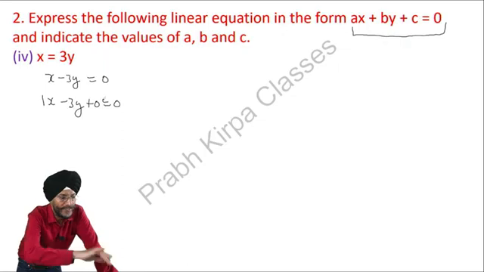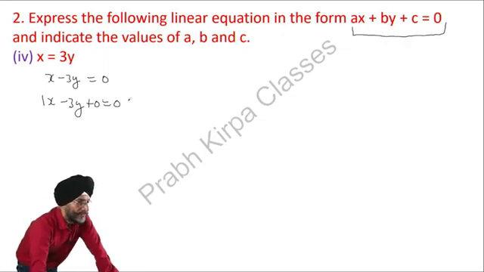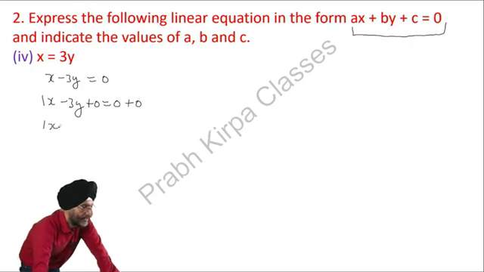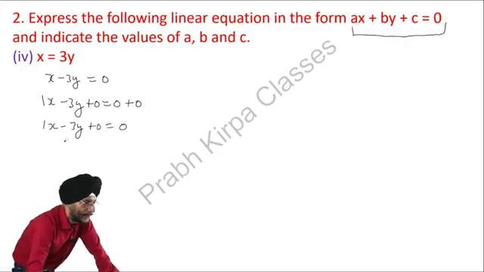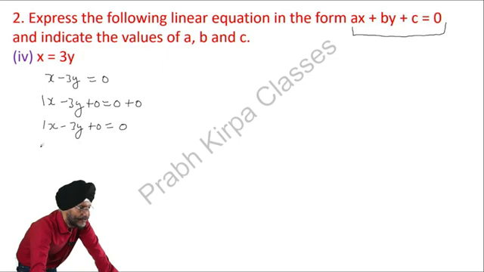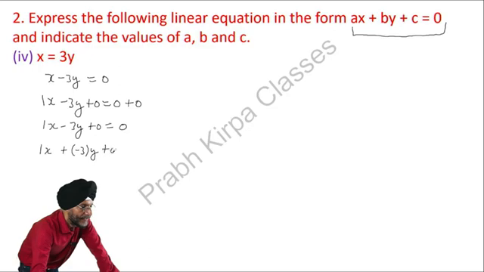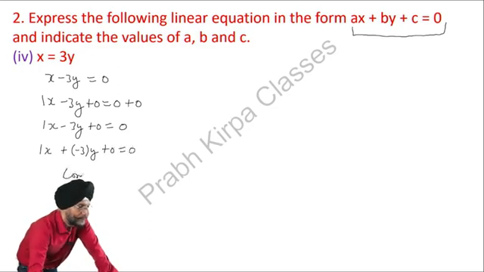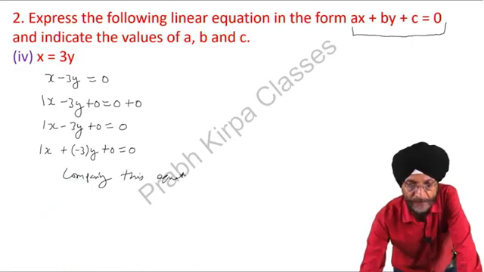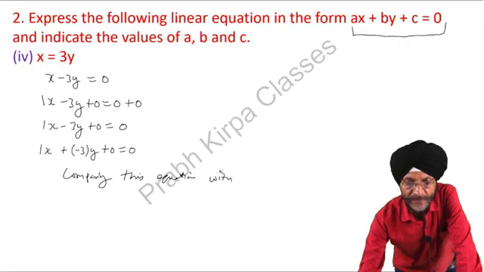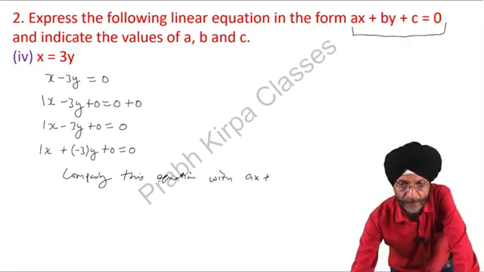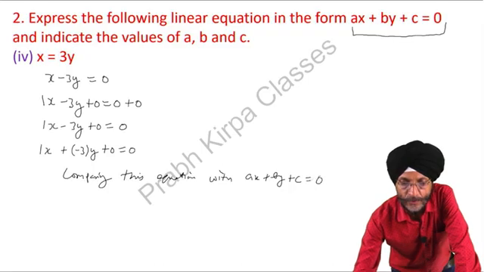If we add 0 on both sides, it does not make any difference. We can again write it as 1x minus 3y plus 0 is equal to 0, because 0 plus 0 is equal to 0. We can again write this equation as 1x plus minus 3y plus 0 is equal to 0. Now, comparing this equation with ax plus by plus c is equal to 0.